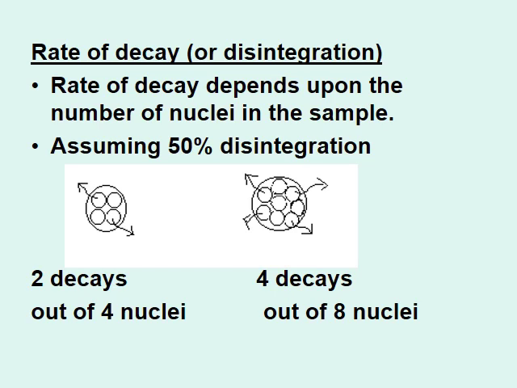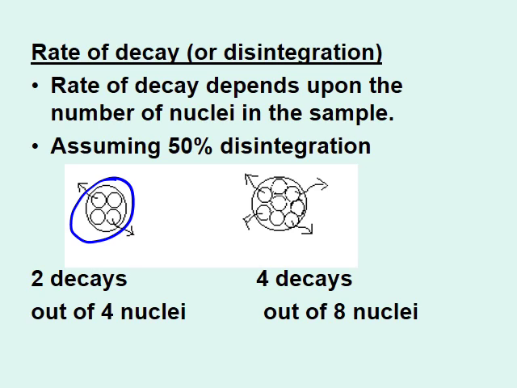Now the rate of decay or disintegration depends upon the number of radioactive nuclei in the sample. To explain that, let's assume that I have only 4 such nuclei, and let's assume that there are 2 decays out of 4, 50% decay.